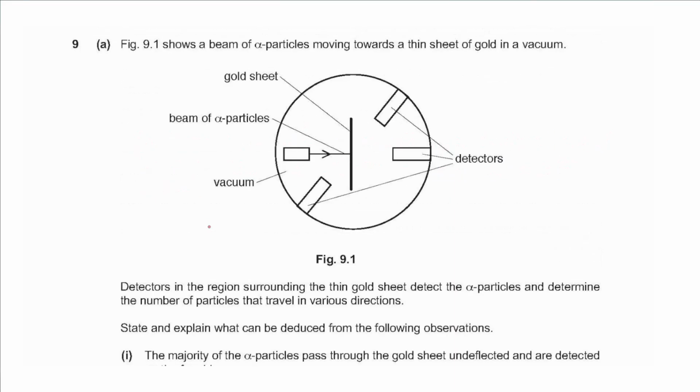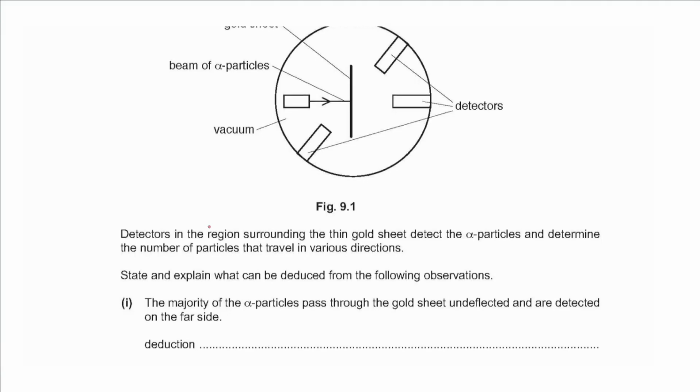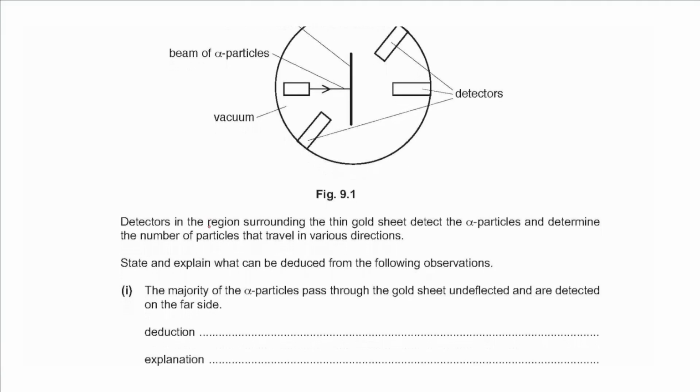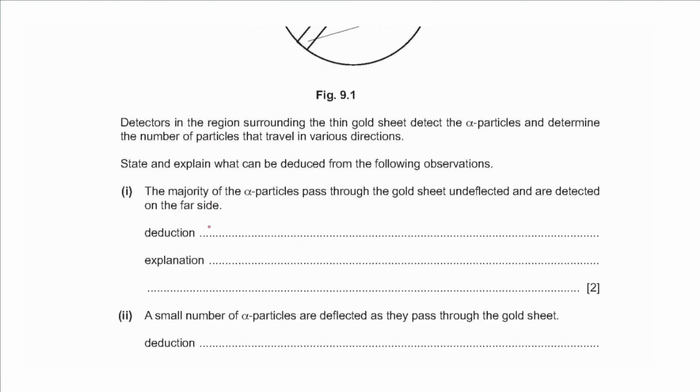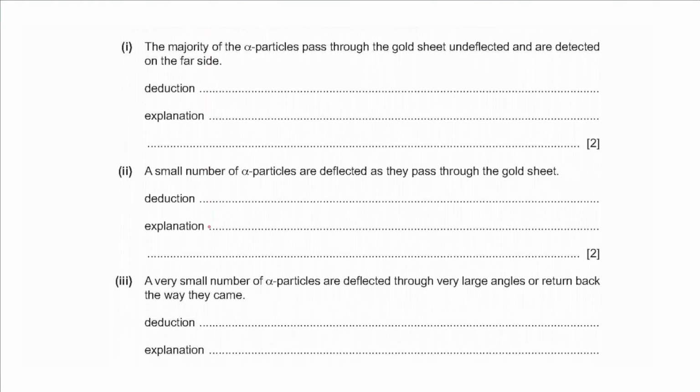Question 9a says figure 9.1 shows a beam of alpha particles moving towards a thin sheet of gold in a vacuum. Detectors in the region surrounding the thin gold sheet detect alpha particles and determine the number of particles that travel in various directions. State and explain what can be deduced from the following observations. I says the majority of the alpha particles pass through the gold sheet undeflected and are detected on the far side.